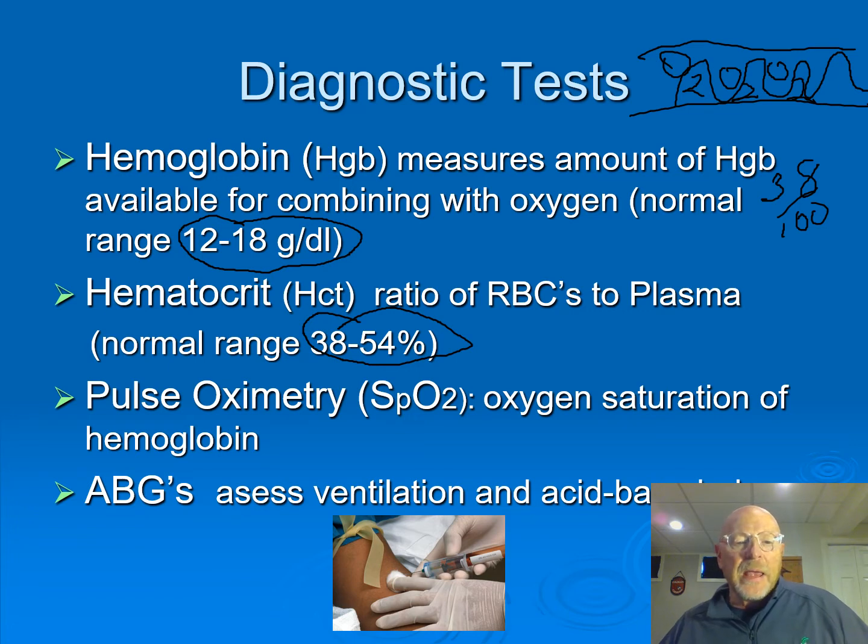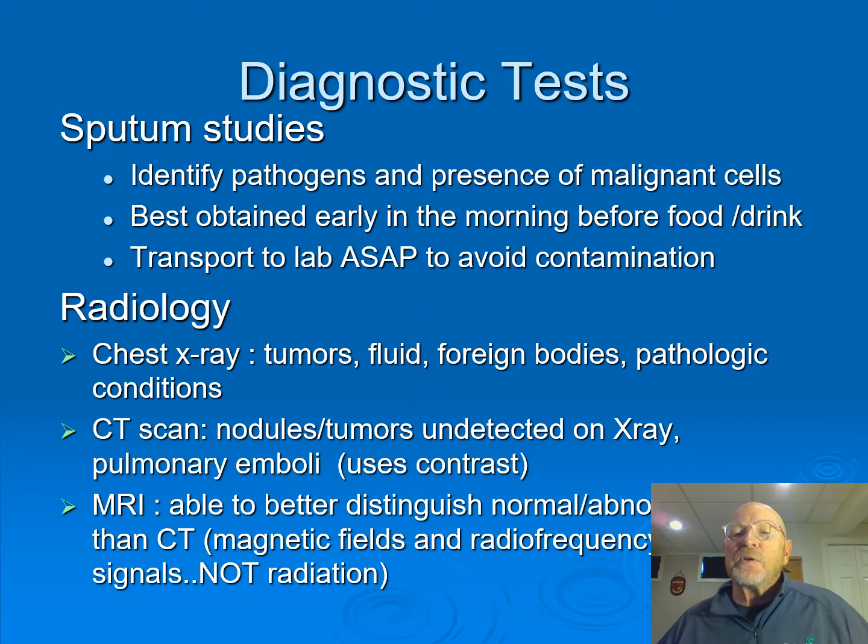Pulse oximetry and ABGs, we talked about those in a previous slide. Sputum test. Gotta love sputum. Sputum is a great diagnostic tool for determining respiratory issues, infections. You use sputum studies for, and when we talk about tuberculosis, the definitive diagnostic test to determine if a patient has tuberculosis is going to be a sputum culture, believe it or not.